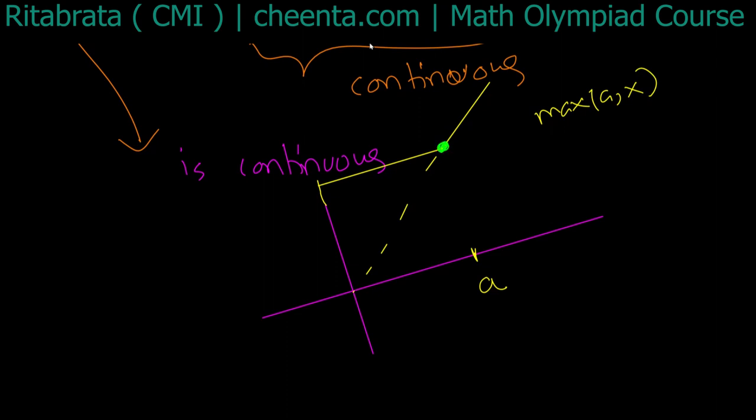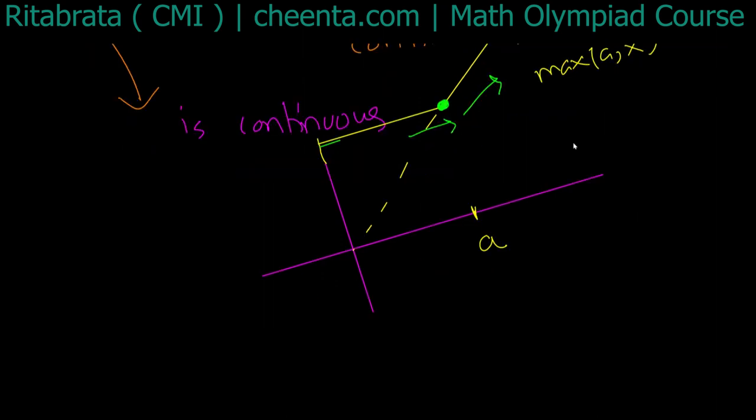But it is not differentiable, because it has a sharp turn, a very sharp edge, and differentiability is a measure of smoothness. So whenever in a graph you have sharp edges like this, for example y equal to mod x, at those sharp points the function may not be differentiable.